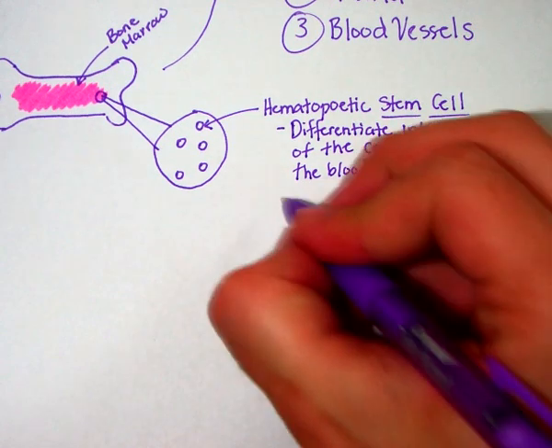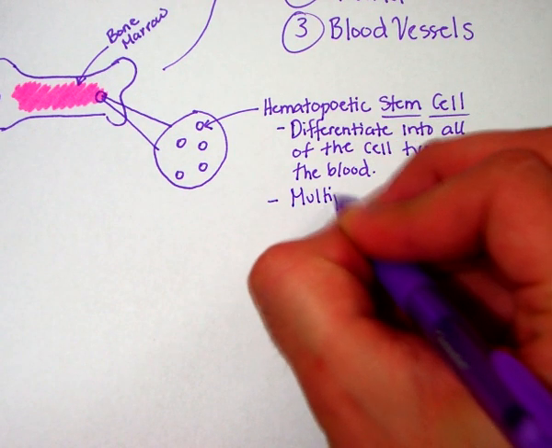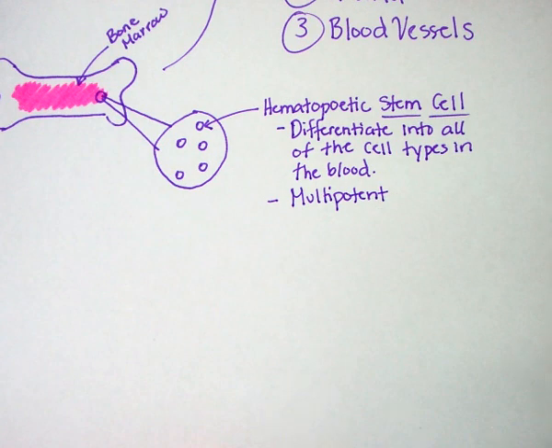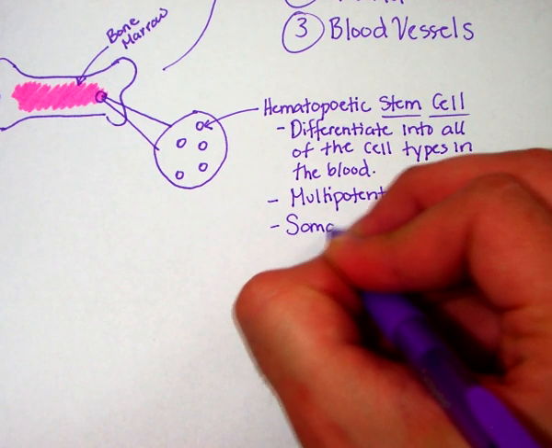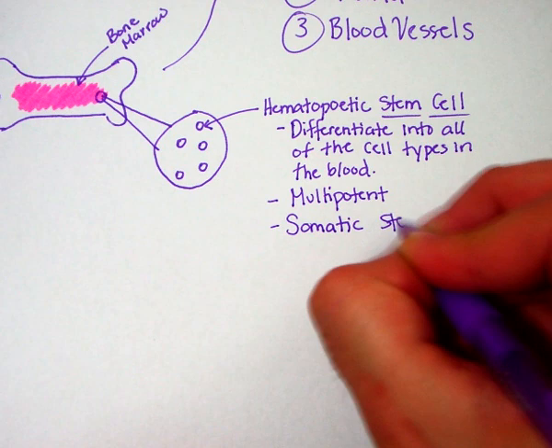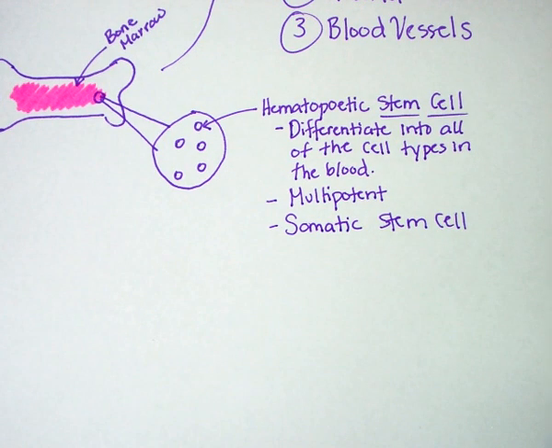For that reason, we call it a multipotent somatic stem cell. So it's somatic, not embryonic, and it's multipotent because it can give rise to a variety of cell types, but not all cell types. That's what's found inside of our bone marrow.